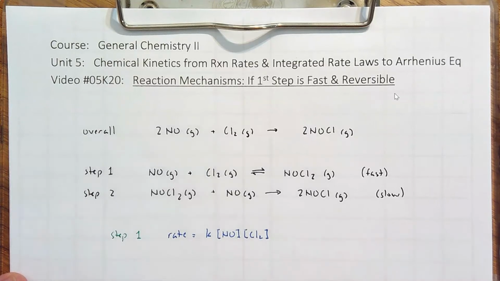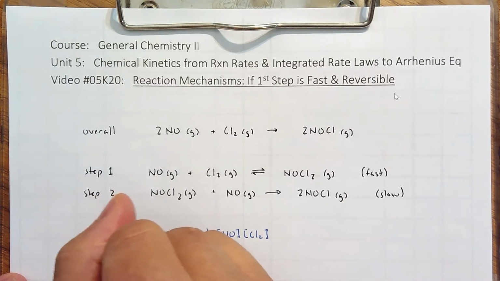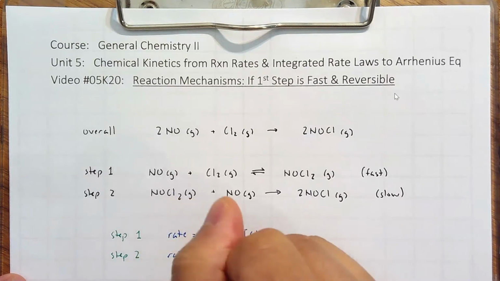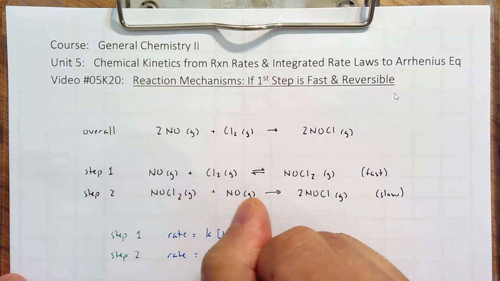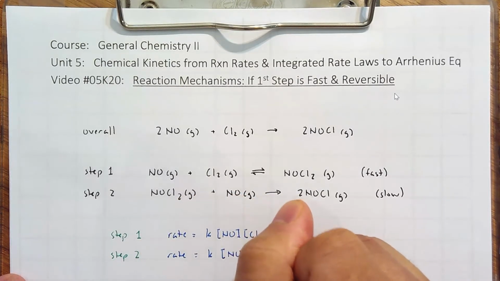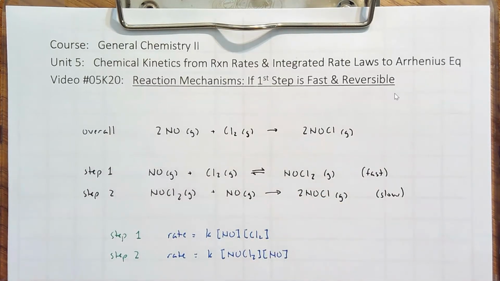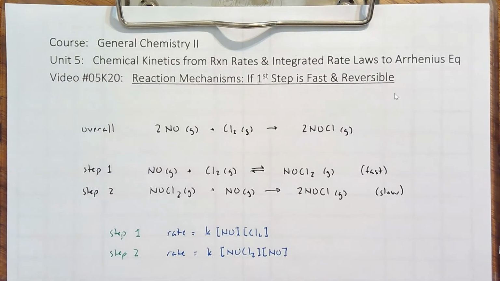For step 2, the rate equals k times the concentration of NOCl2 times the concentration of NO. Just give me 1 second. My cat's scratching up my carpet. Okay.